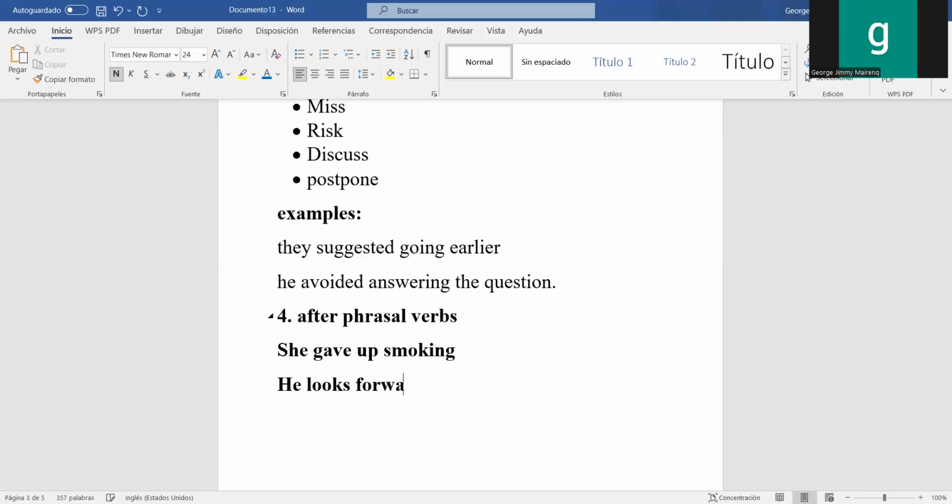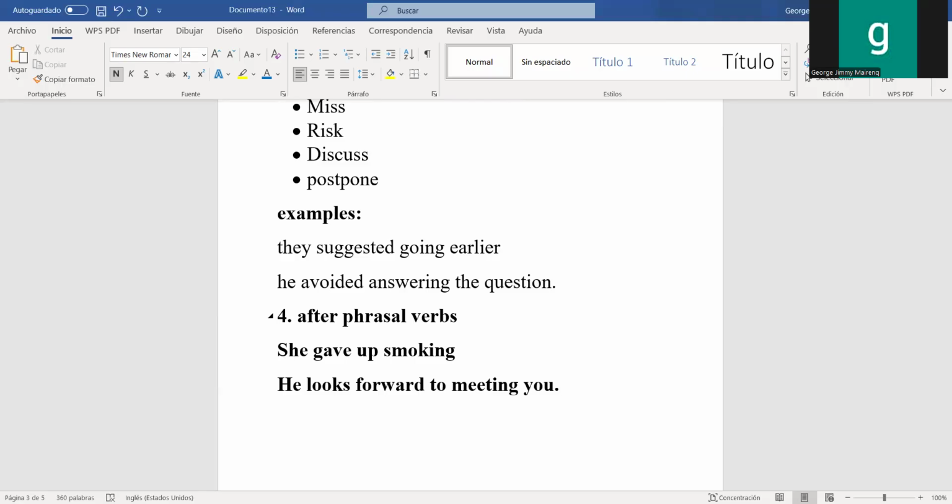Let's see another one. He looks forward to meeting you. You see, he looks forward to meeting you. So looks forward to is a phrasal verb. We cannot change it.